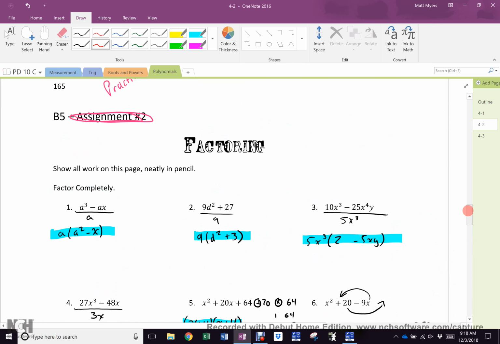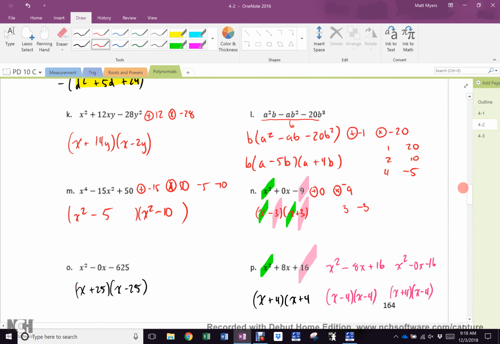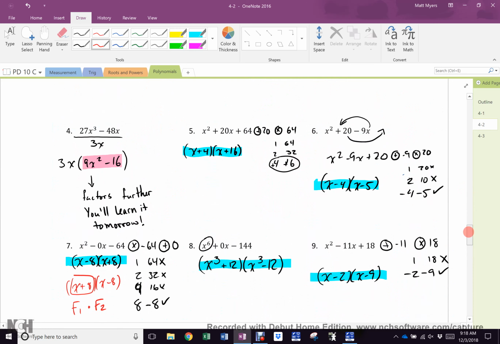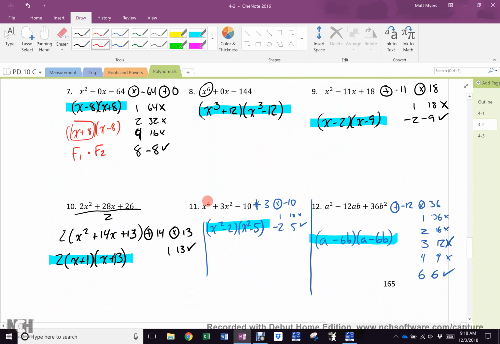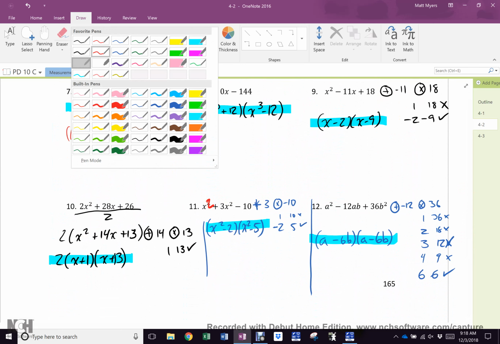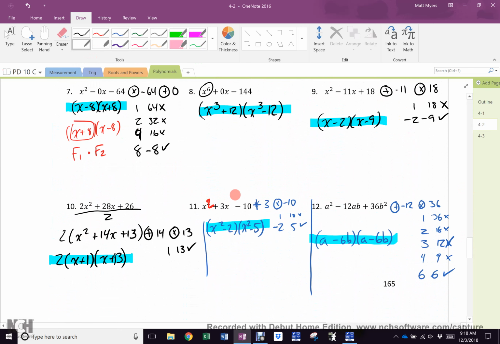Just like letter M on the previous page. You know what to do when it's x squared and nothing, right? Then it would be x minus 2, x minus 5. So all you have to recognize is that when you expand this, you're going to get this. Yes?